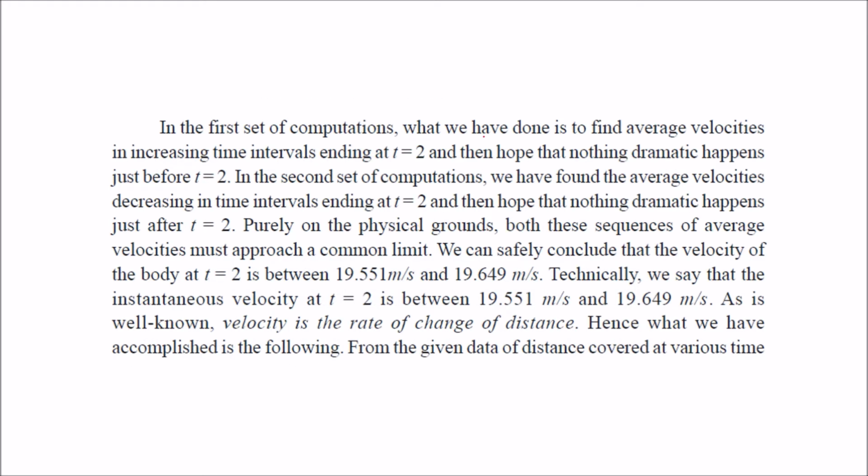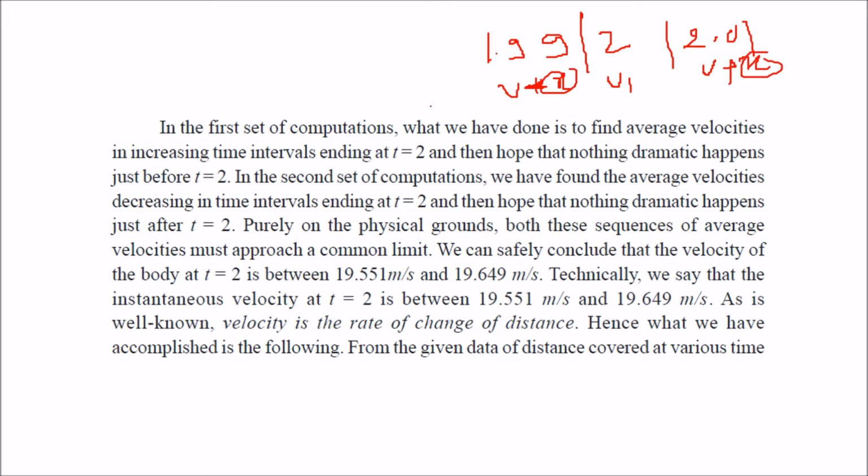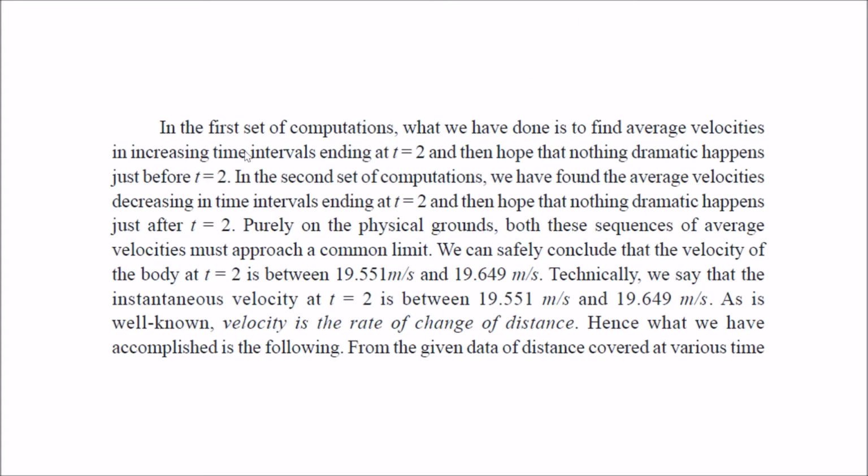So this is what we are saying, that even if you go from 1.99 to 2 and then from 2 to 2.01, the velocity, say if it is v, then it will be v minus x and v plus x. This x will be very small, very small. There will be no dramatic change here.